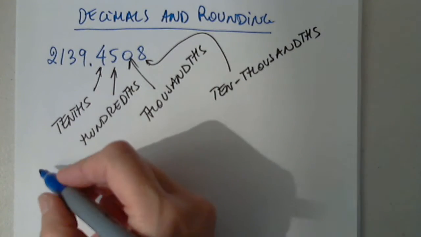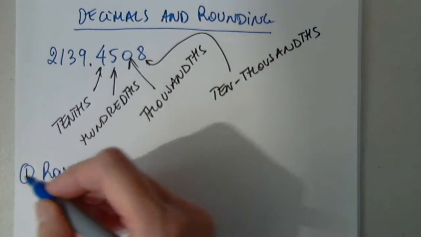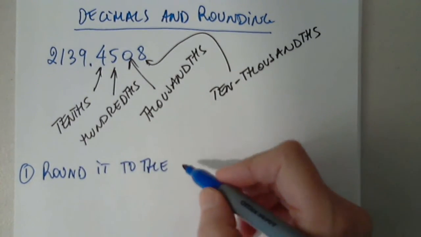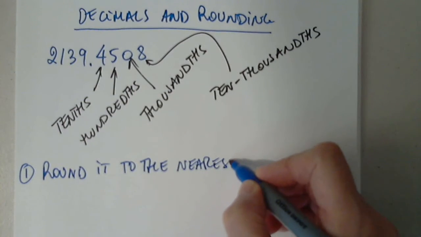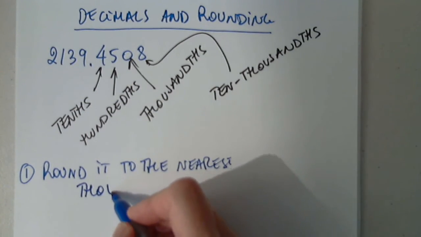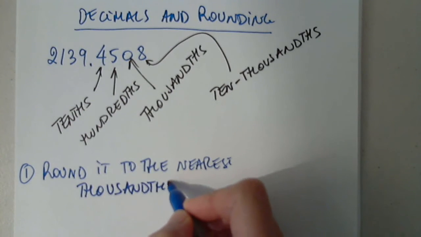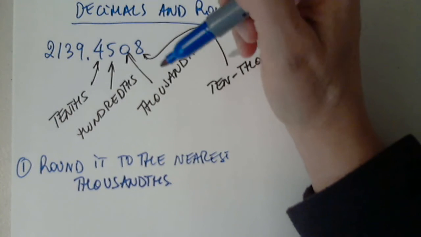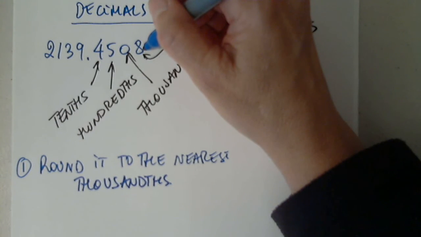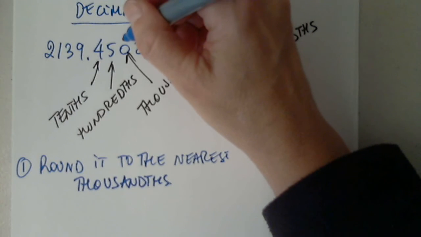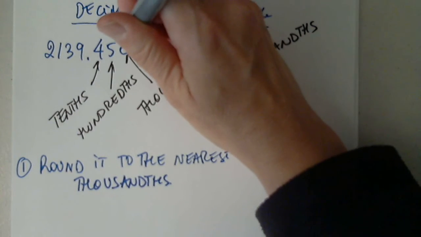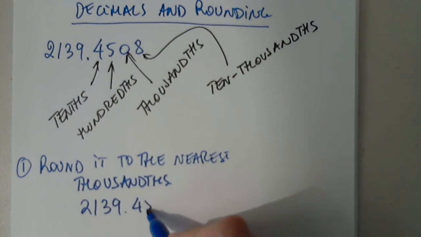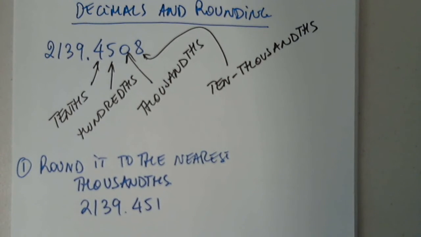Let's round it to the nearest thousandth. What will you say? Tenths, hundreds, thousandths, and this is a number greater than 5, which means I have to add 1 to the thousandth. So the number becomes 2139.451. I rounded to the thousandths.